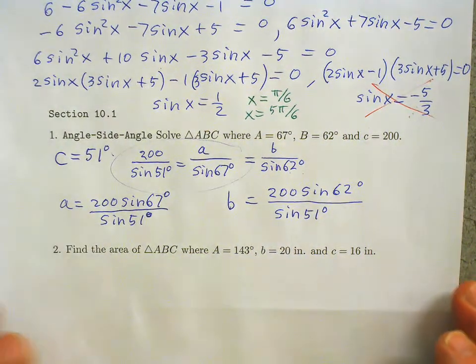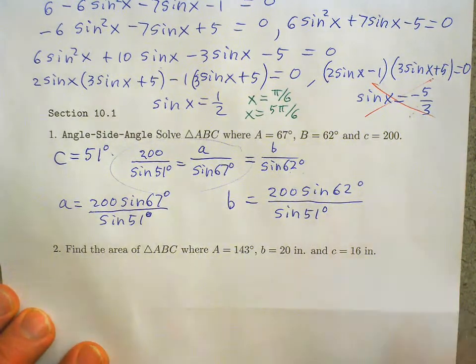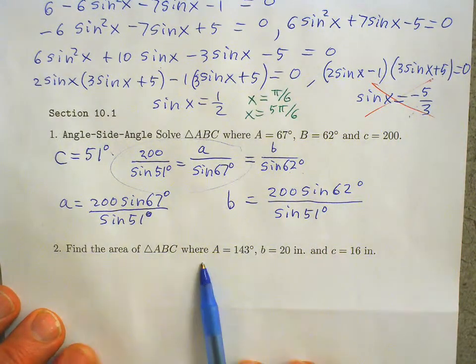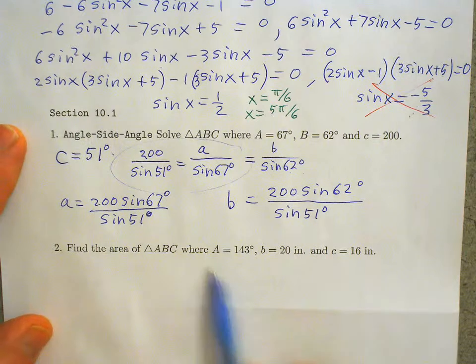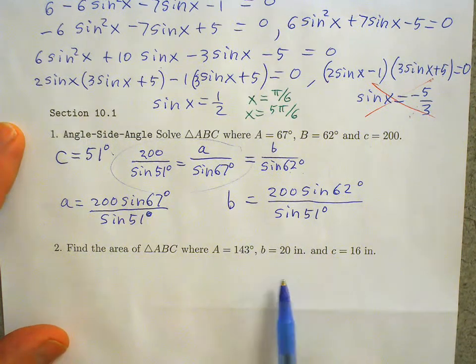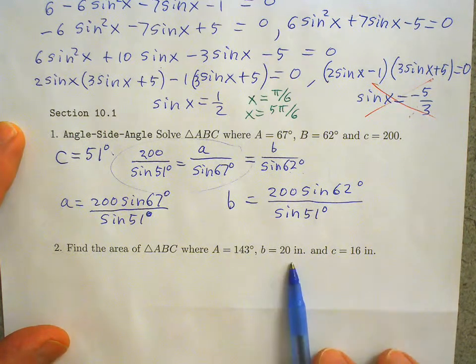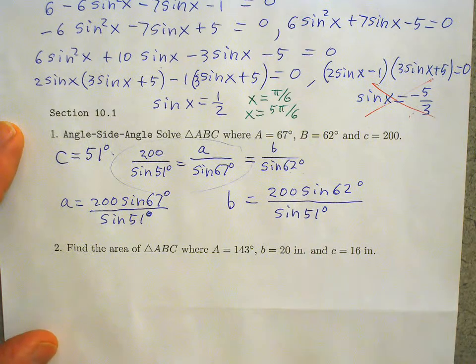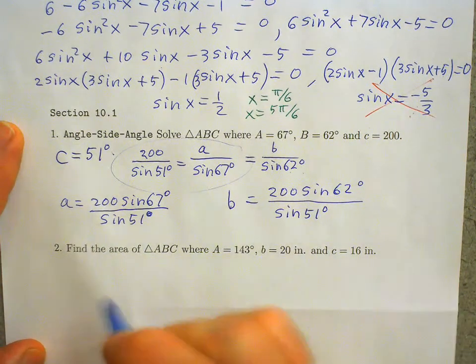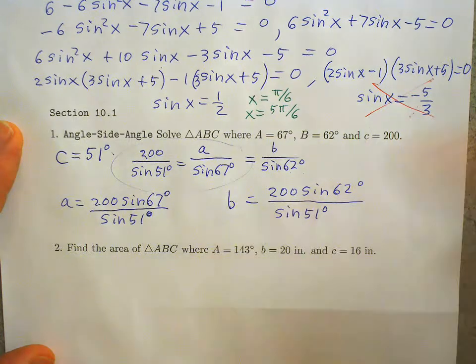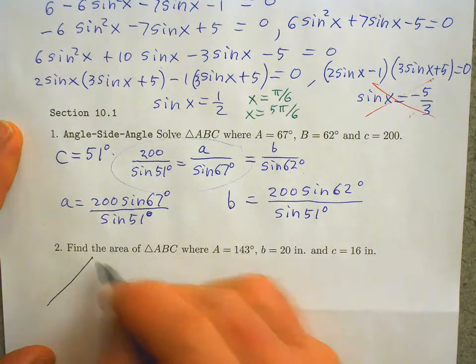Okay, the next one, find the area of triangle ABC where A is 143 degrees, B is 20 inches, and C is 16 inches. Well, what happens if you forget the formula for finding the area?